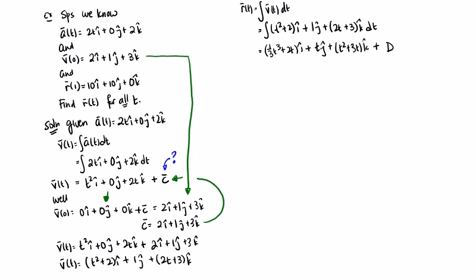Now I'm going to use a different letter so I don't confuse myself and think it's the same c, because it isn't. But again, we now have a d bar here, and we need to know what it is. So just like before, this is our r of t, and in this case it's r of 1 that we know. So r of 1 here is 1/3 plus 2 i plus 1j plus 4k plus d bar.